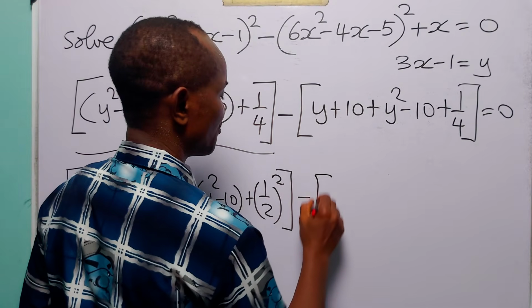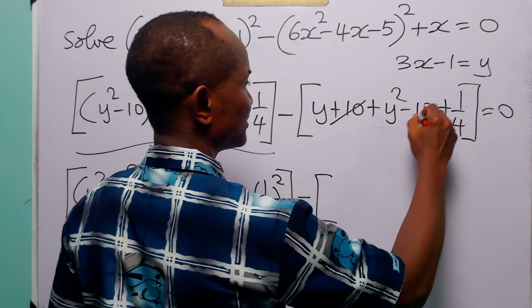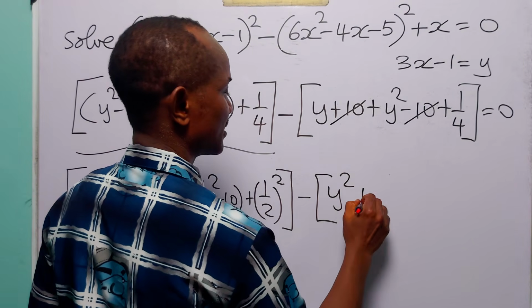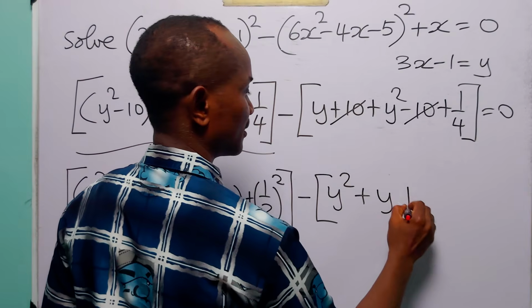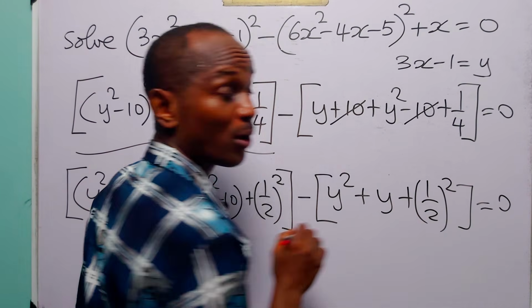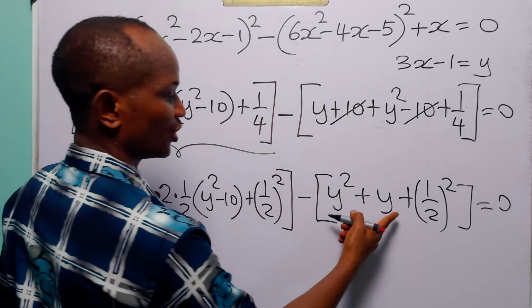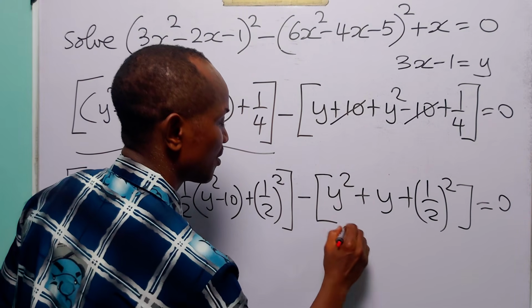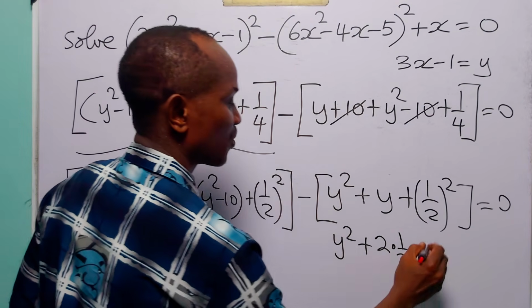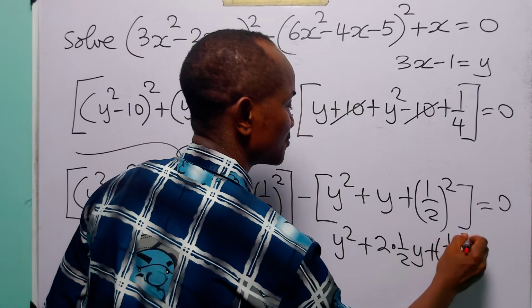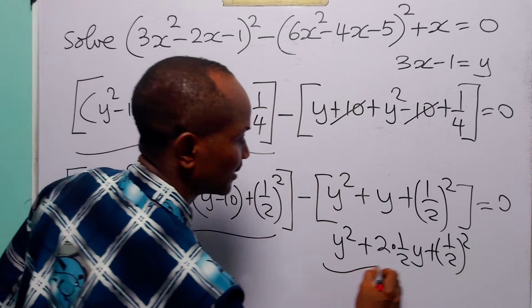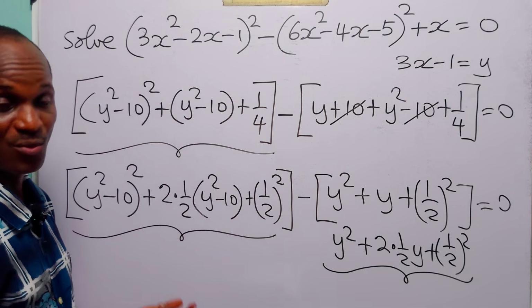Now, in the second bracket, plus 10 is going to cancel minus 10, leaving us with y squared plus y plus 1 over 2 squared. This is equal to 0. Once more, you know that this can also be written as y squared plus 2 times half times y plus 1 over 2 squared. So basically, this and this are perfect squares.